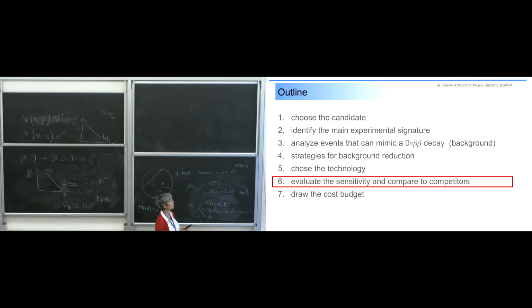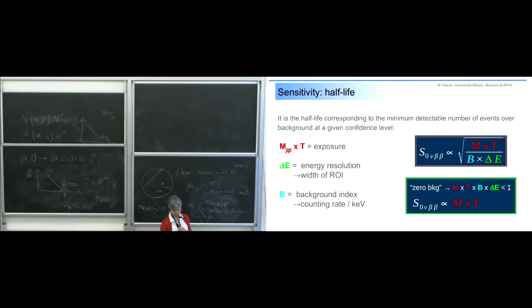Okay, I don't want to go on to evaluate the sensitivity and compare competitors because more or less we have discussed this. Sensitivity will depend on the mass of my source, on the time that I wait for the signal, on the background that can spoil my signal, and on the energy resolution. So I've already told you what the ingredients are.